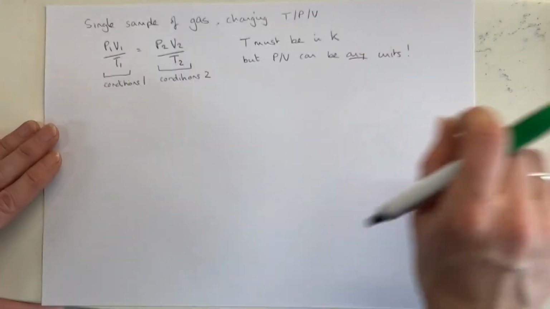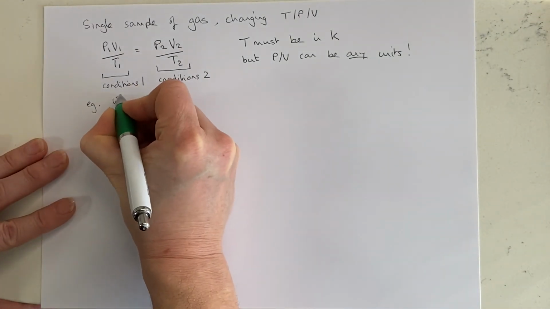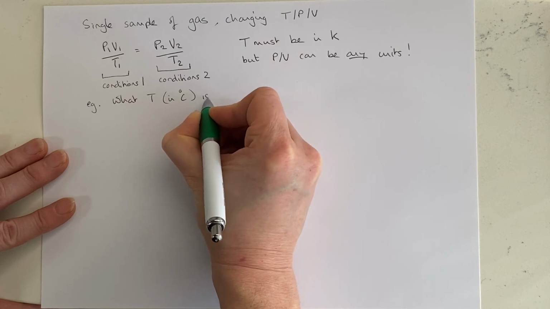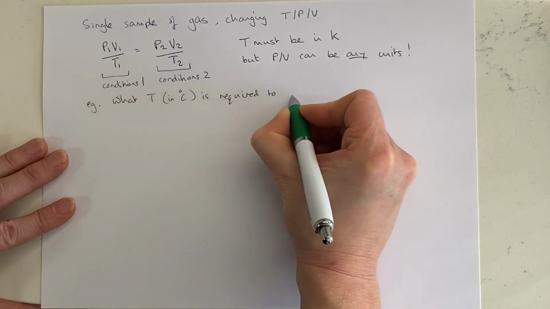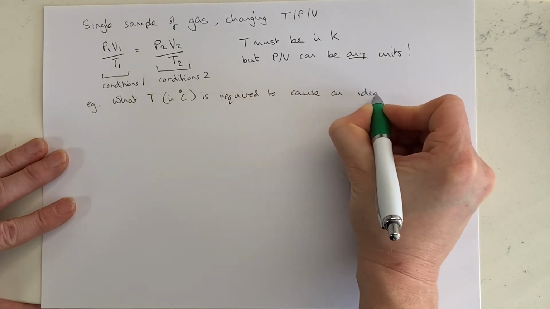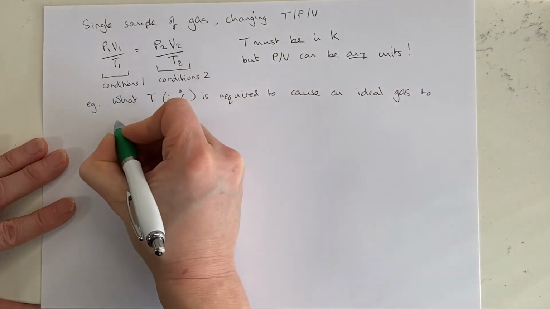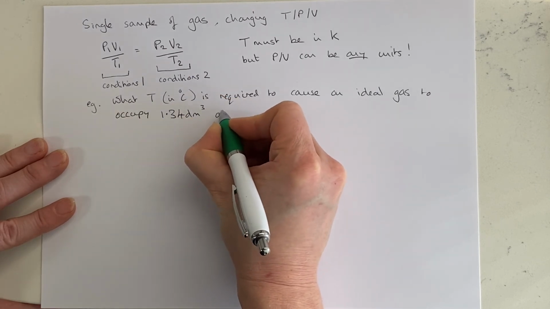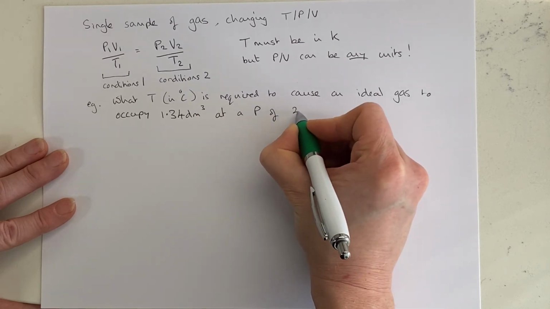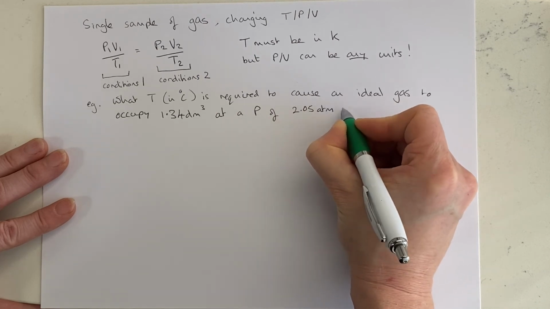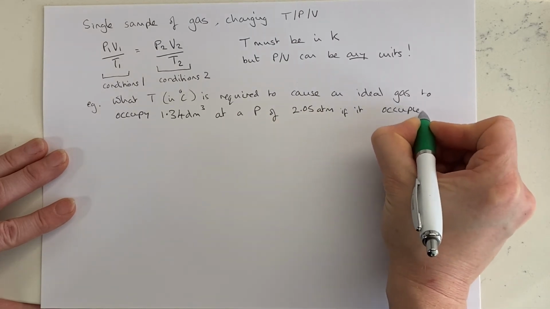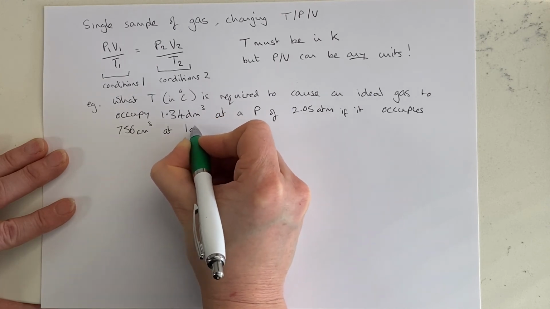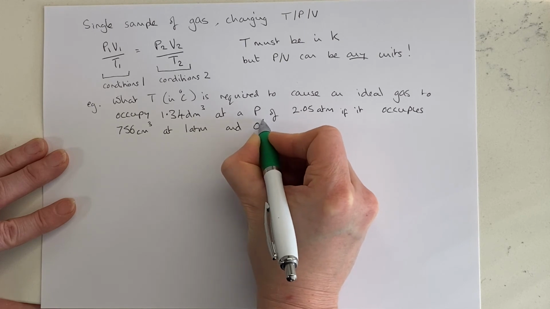So an example of how we might do this. Our question might be, what temperature in degrees C is required to cause an ideal gas to occupy 1.34 decimeters cubed at a pressure of 2.05 atmospheres if it occupies 756 centimeters cubed at 1 atmosphere and 0 degrees C. Remember, we treat them all as if they're ideal gases.